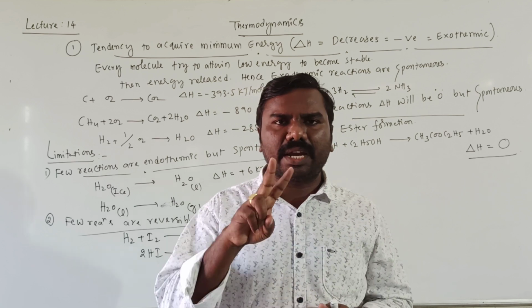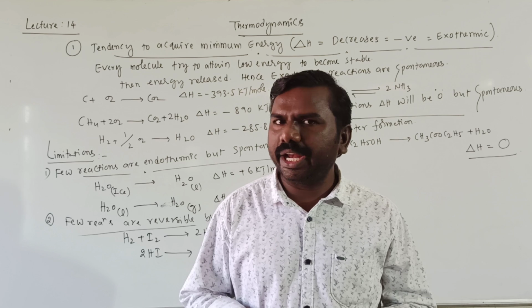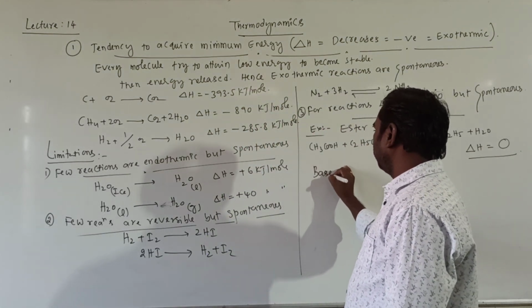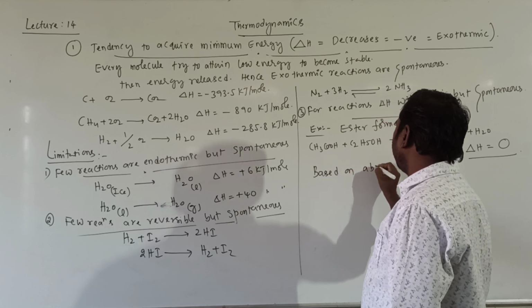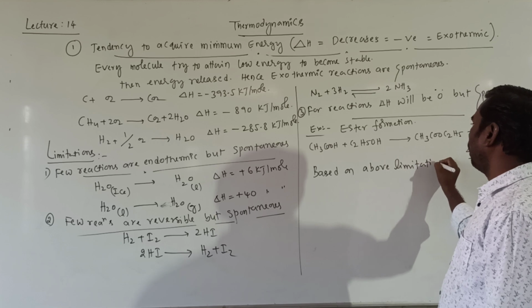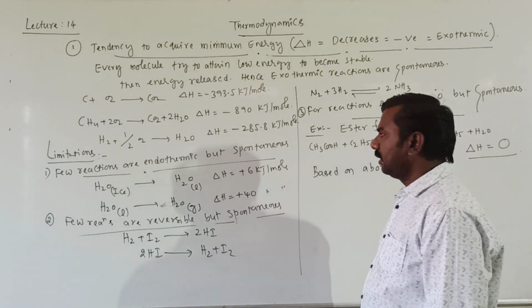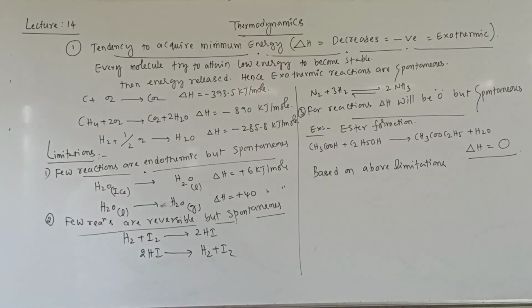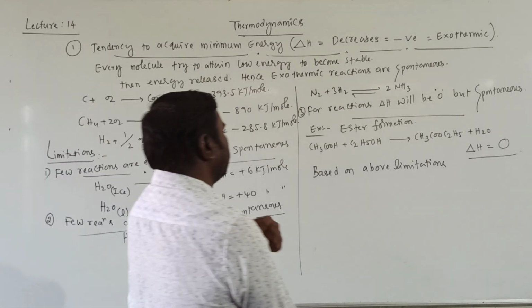That factor is the second one, entropy. Getting all of you? Right. Based on the above limitations or drawbacks of delta H, we concluded that delta H, only one term, cannot express it.